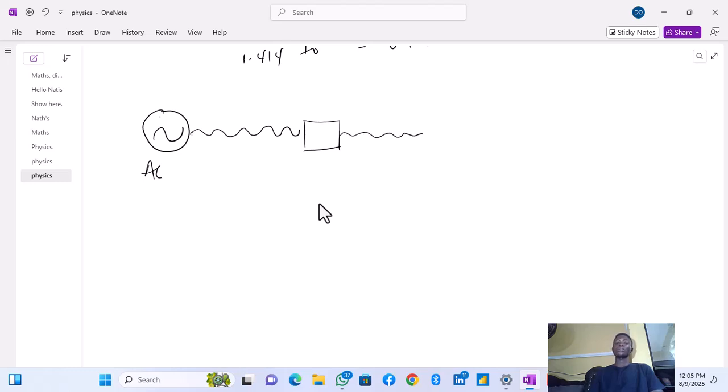You agree with me that what RMS believes is that not all the current that is coming from this mains, from this source, is reaching this resistor box, because some currents have been wasted along the line. So only a few currents get to reach this place, which is the effective current.